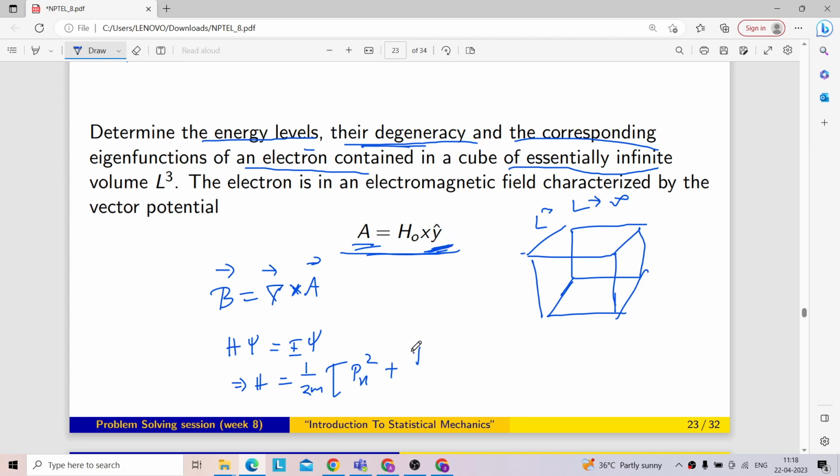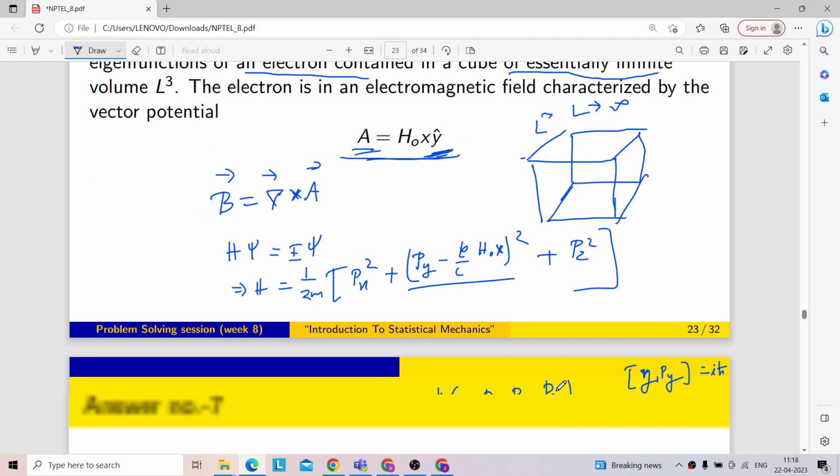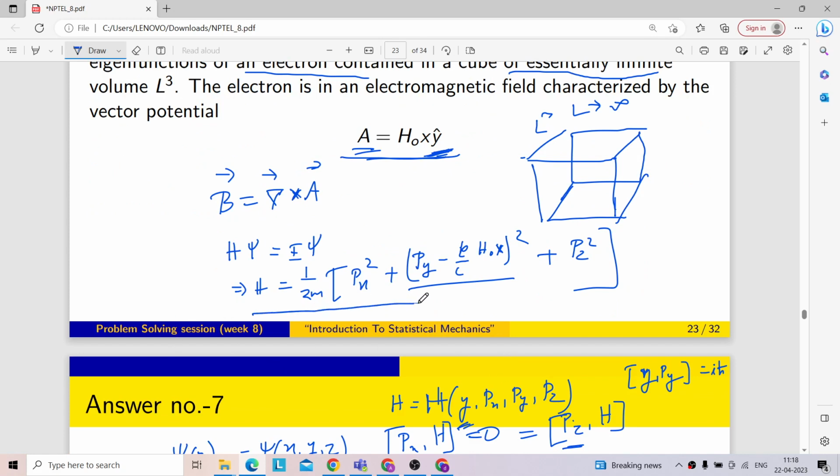So my py will be modified: py minus e over c, which is H0 x, this square divided, 2m is outside, and pz square, right. So I have a Hamiltonian like this with the given vector potential in the y direction, right.